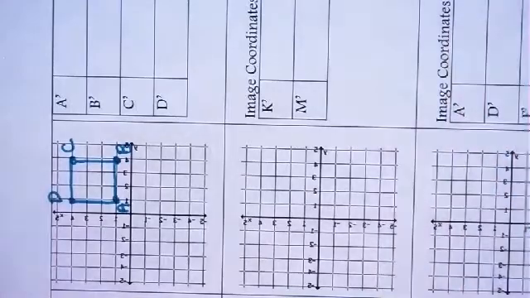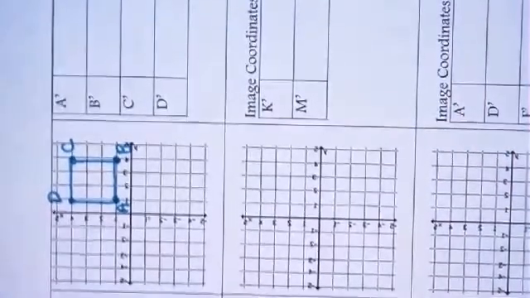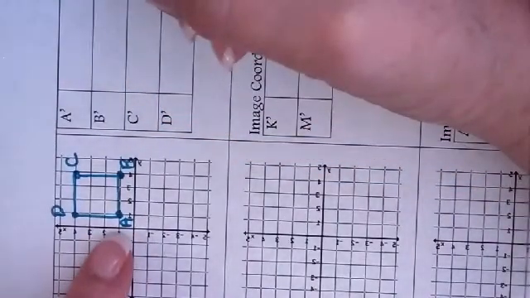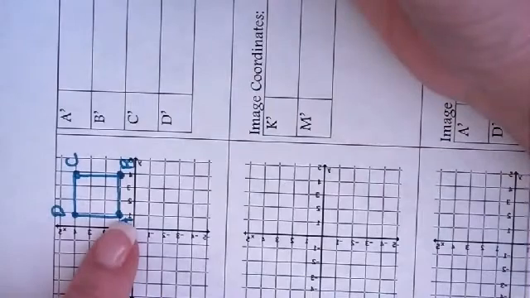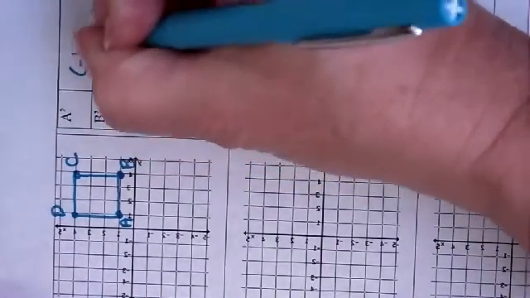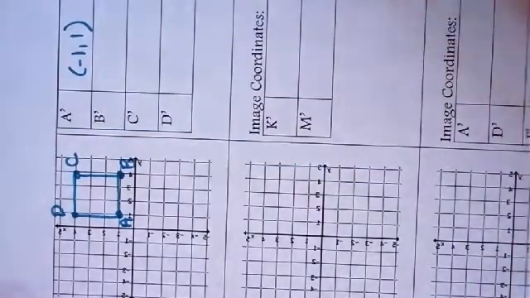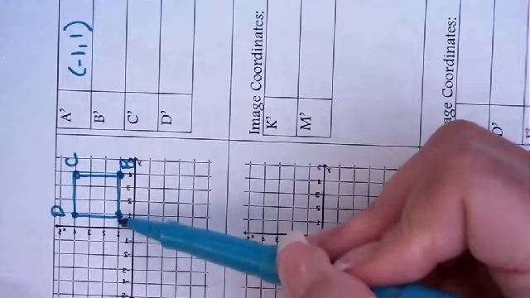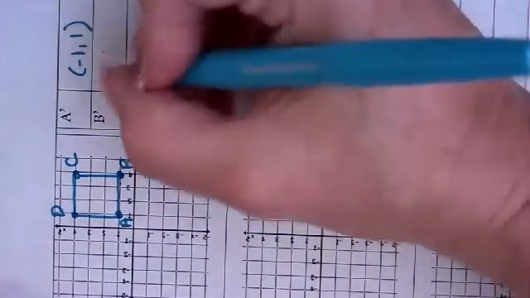Now, I got to shift around so I can write sideways here. Where is A at now? A is at -1, +1. See where it's at right there? So it's going to be -1, +1. B right here is now at -1, 1, 2, +4.